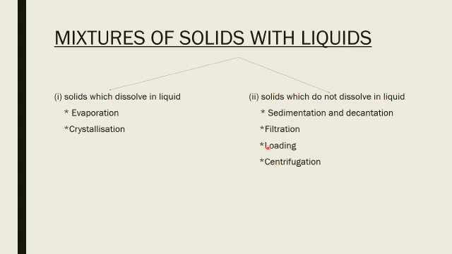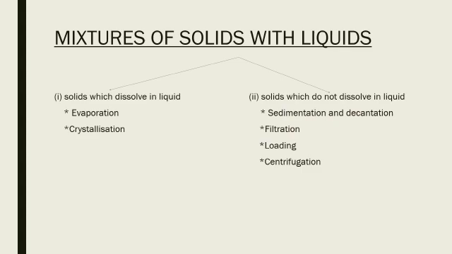The components of this type of mixture can be separated by different methods: sedimentation and decantation, then filtration, then loading, and then centrifugation. Today we will discuss two methods: sedimentation and decantation, and filtration.